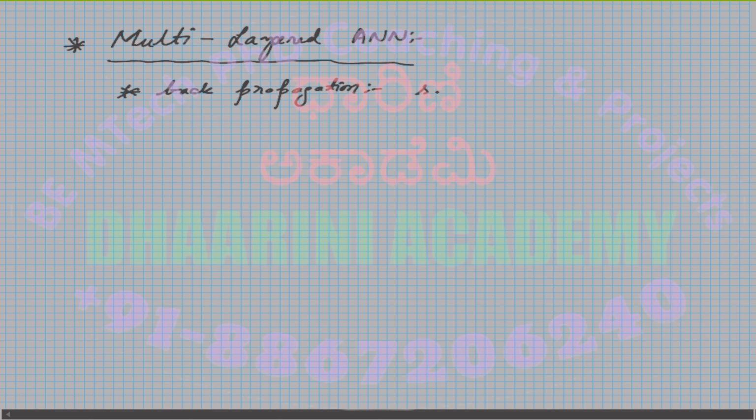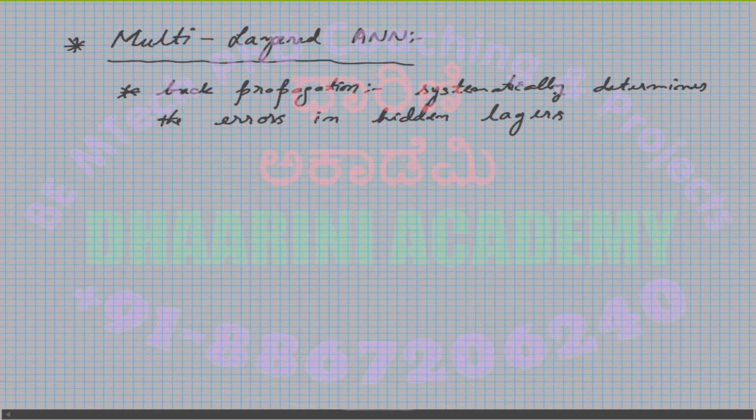So this technique systematically determines the error in hidden layers. This is required because unless the hidden layers learn properly, the output layer will not learn, right?